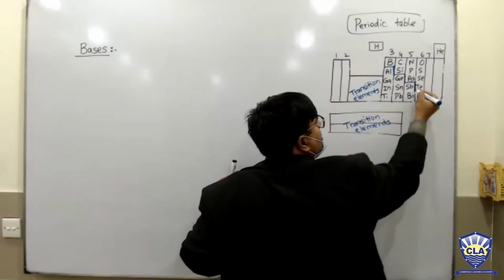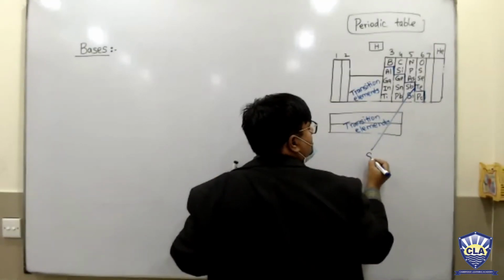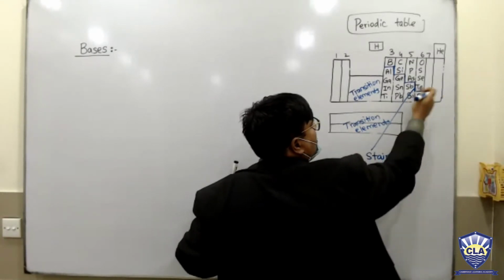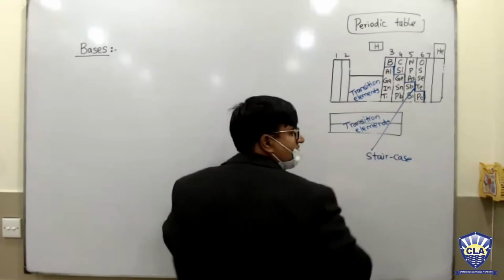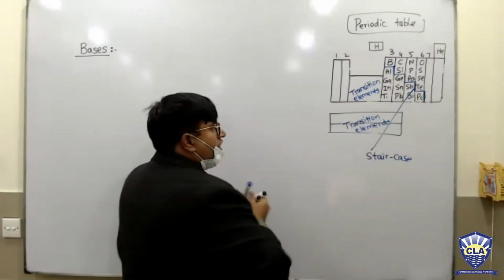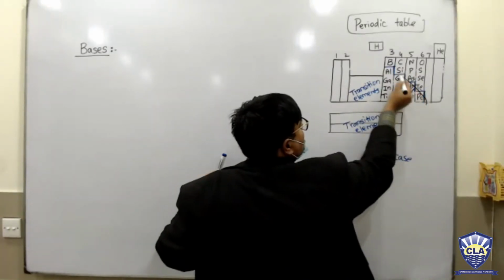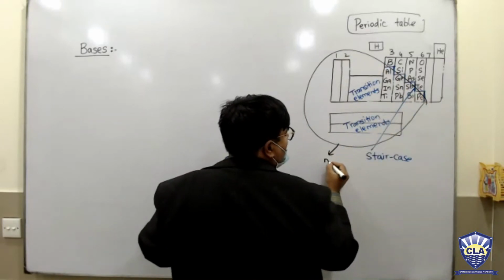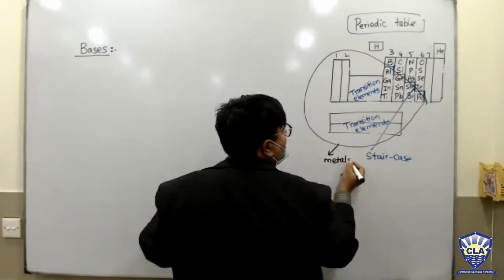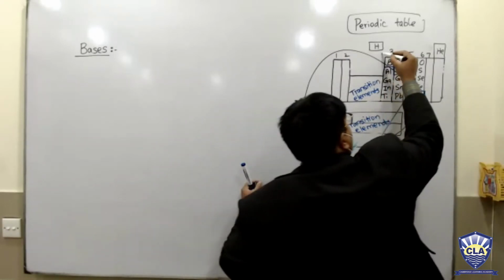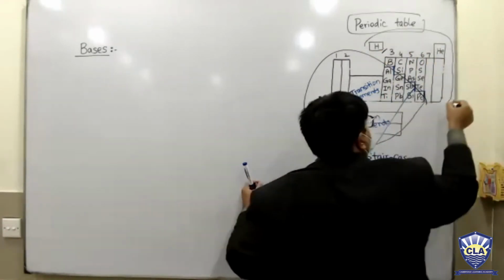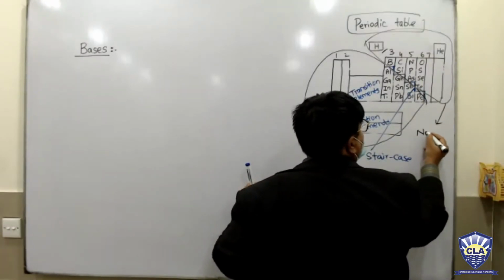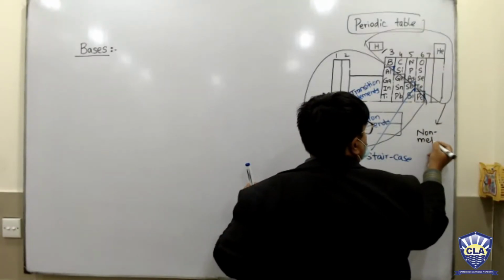So my dear students, you are going to get a staircase. All the elements which are present under the staircase, they are called as the metals. Whereas the elements which are present above the staircase, they are called as the non-metals.